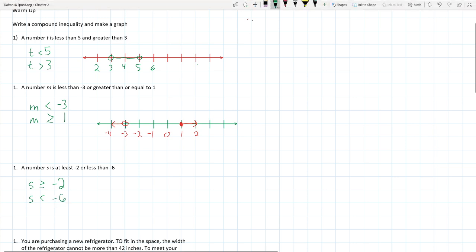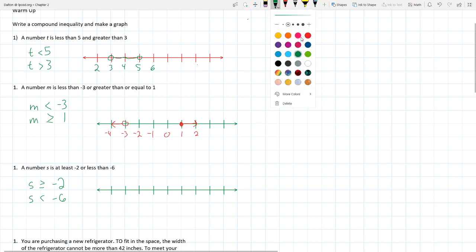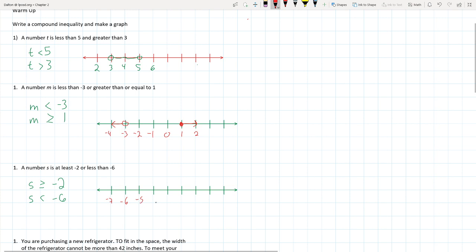So now we're going to put our number line. I'm going to start at negative 7, negative 6, negative 5, negative 4, negative 3, negative 2, negative 1. That's as far as I need to go.